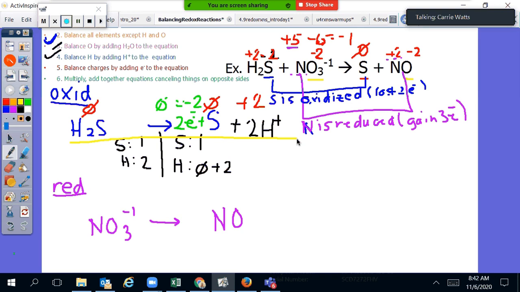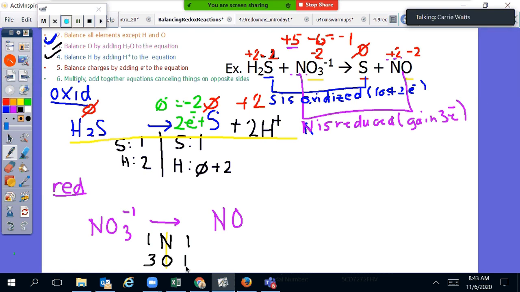The first step is going to be to balance all the elements besides O and H. Right now we just have N and O. We have 1 N on each side, so we're good. We've got 3 O on the right and only 1 on the left.